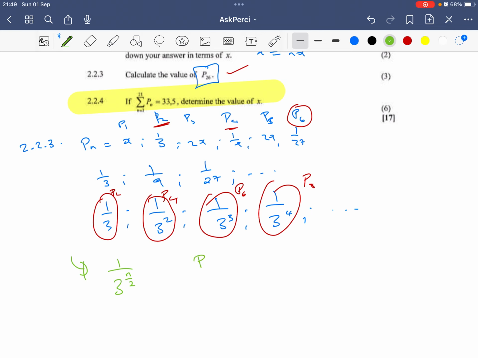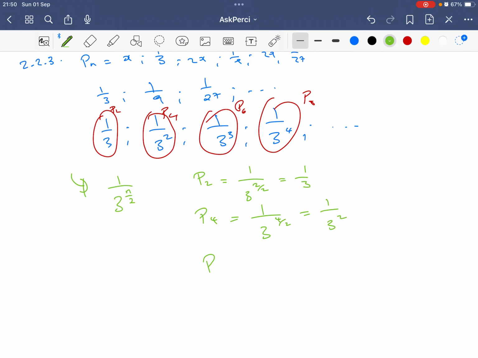For example, P2 is 1 over 3 power 2 over 2, which is 1 over 3. P4 is 1 over 3 power 4 over 2, which is 1 over 3 power 2. Great. P6 is 1 over 3 power 6 over 2, which is 1 over 3 power 3.